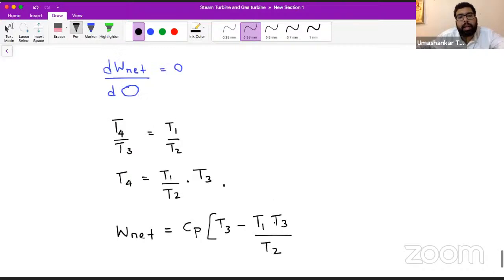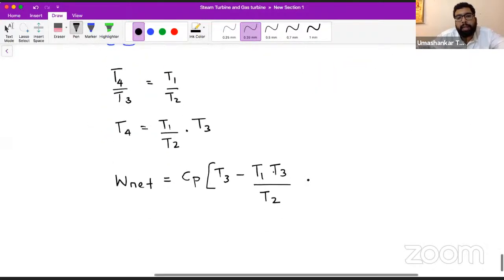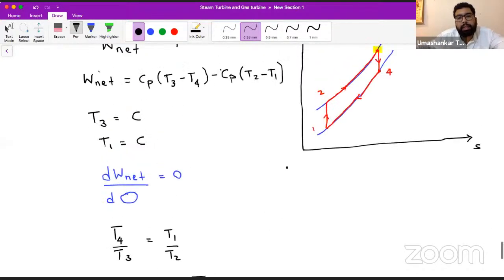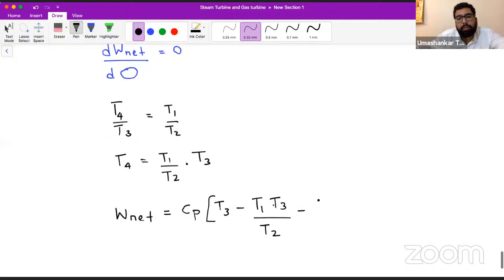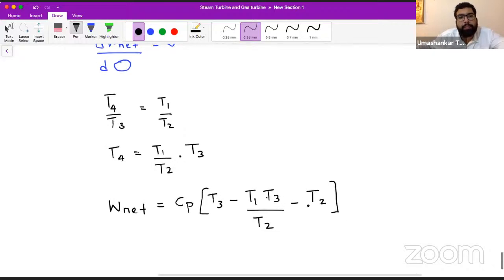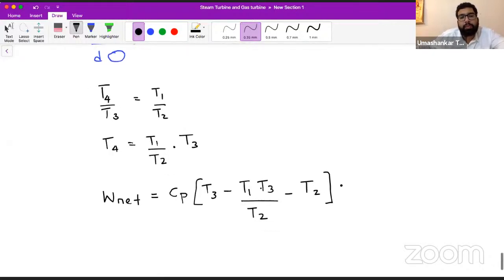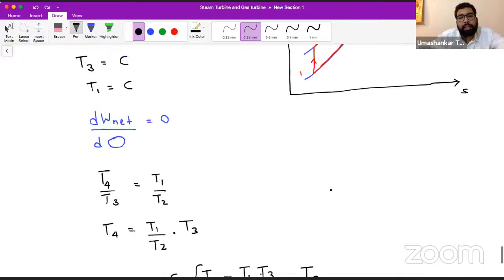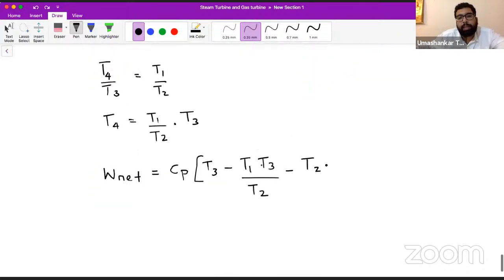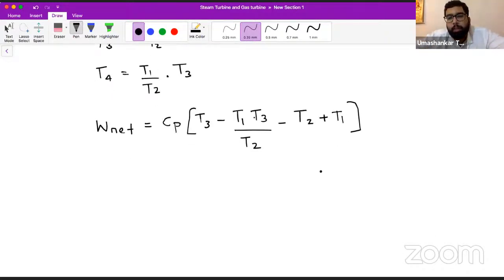T1 and T3 are again constant. Minus Cp T2, we have this value of T2 again, plus T1. So this is our net work equation, and now you can see we are left with only one variable.